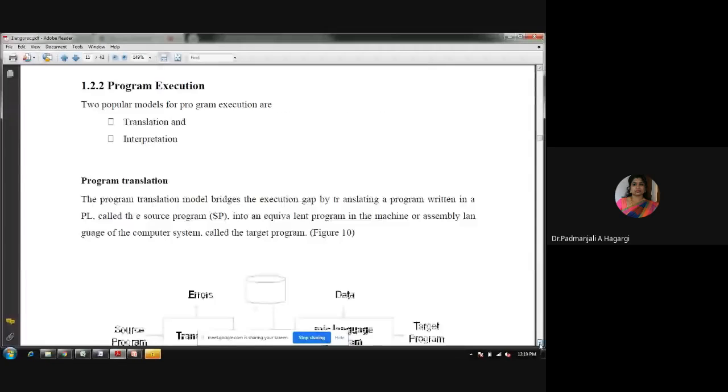And in program execution, translation and interpretation is required. The two popular models are translation and interpretation, as I have shown in the PPT also.